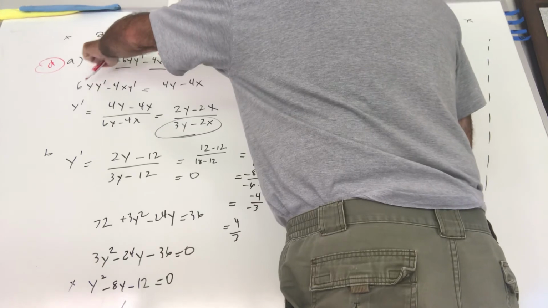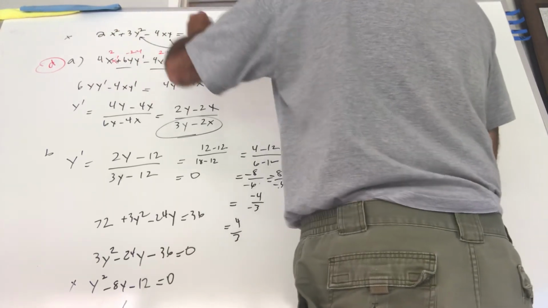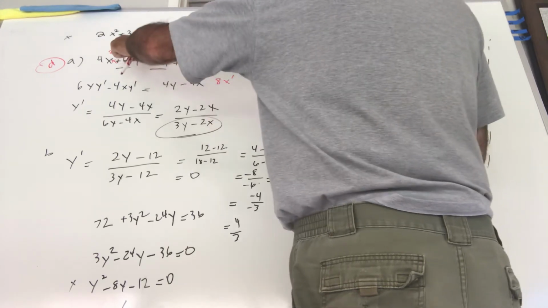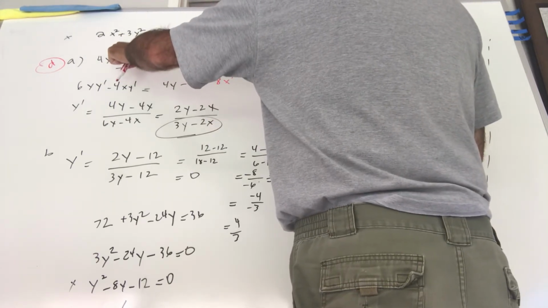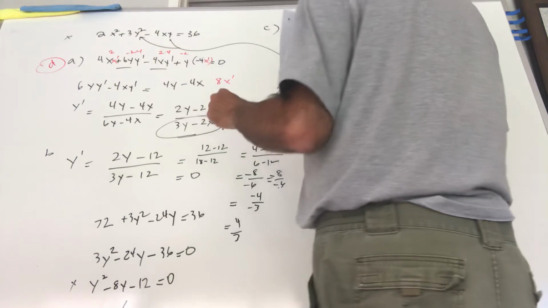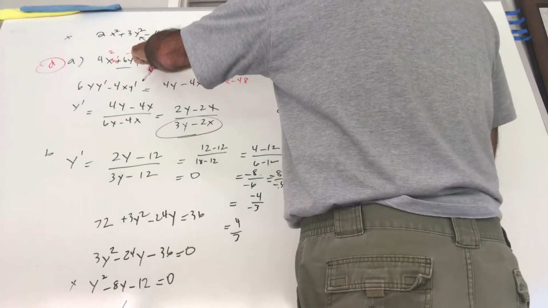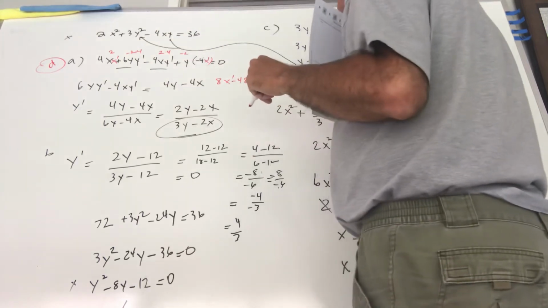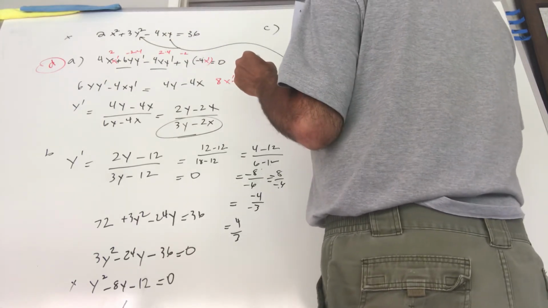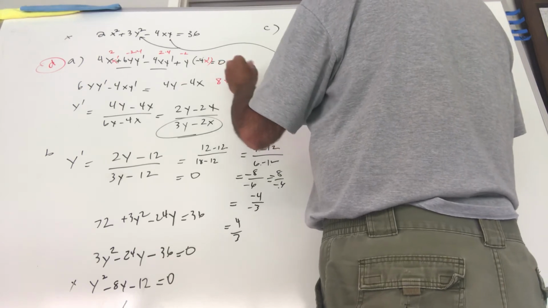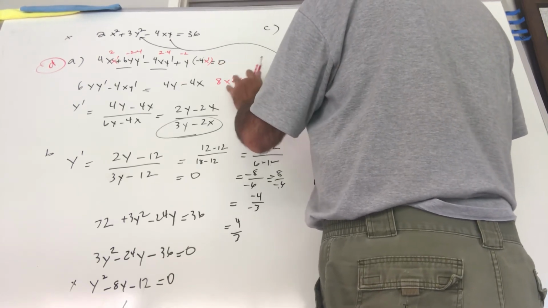So 4 times 2 is, so again, I'm running out of room here, 8 x prime. 6 times 2 times 4 is negative 48. 4 times 2 times 4 is 32. Plus 48 minus 32.